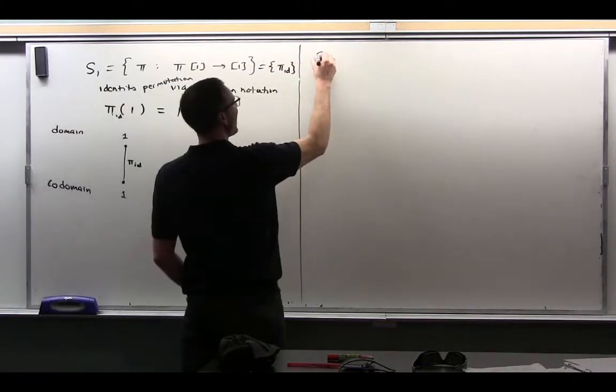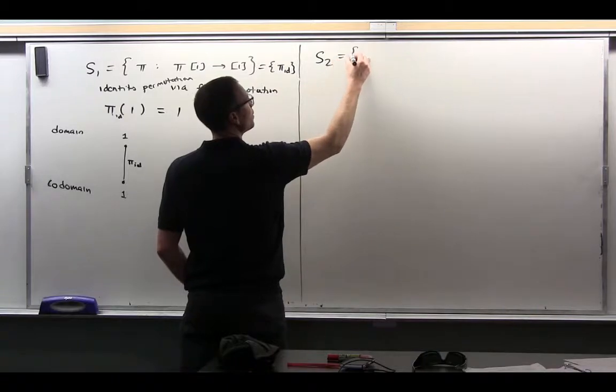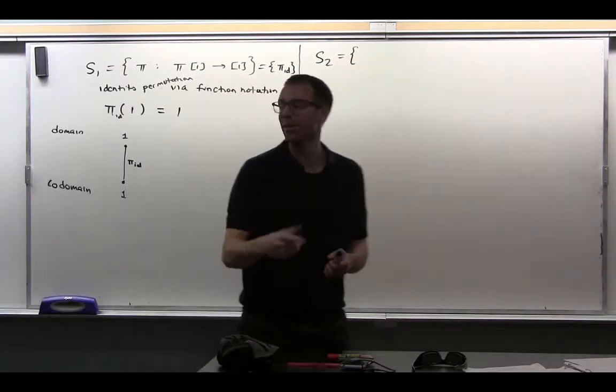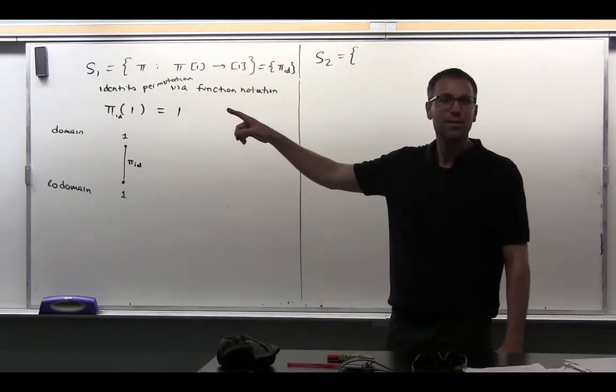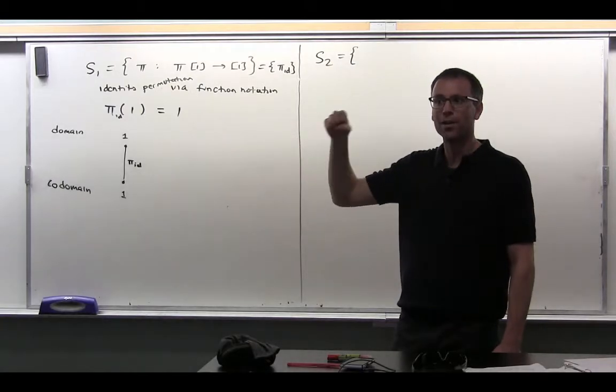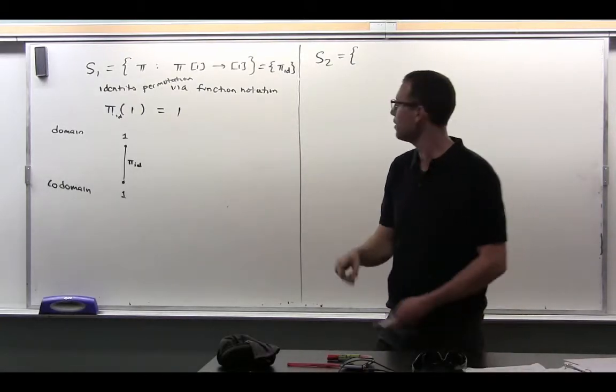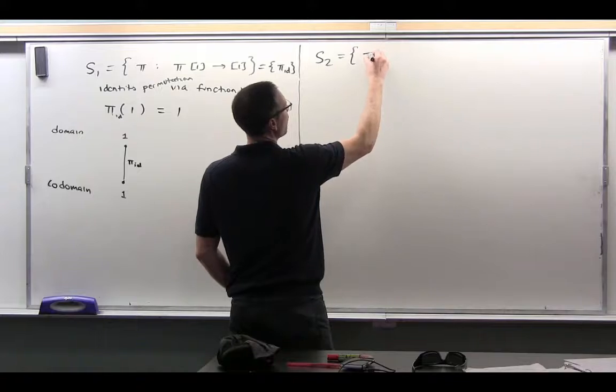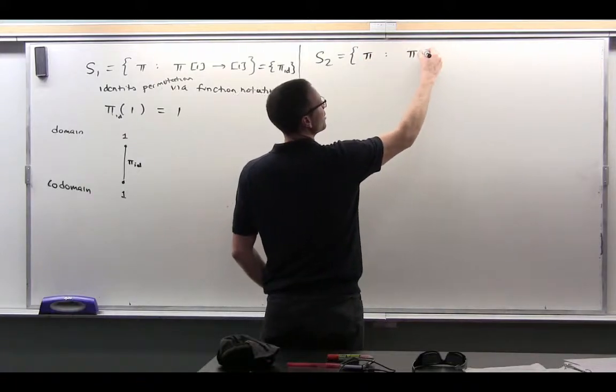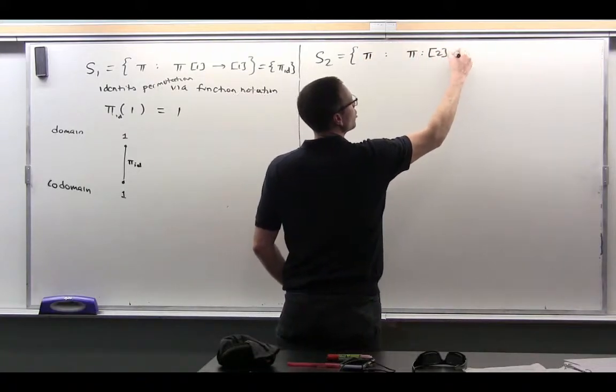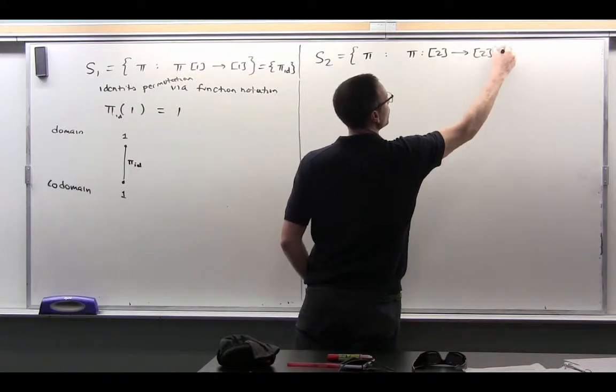All right. What is S2? Well, let's just go ahead and name it. It is the symmetric group on 2 elements. So this is going to be the set of all permutations pi, such that pi goes from 2 into 2.